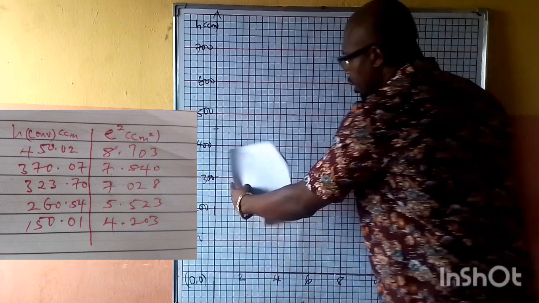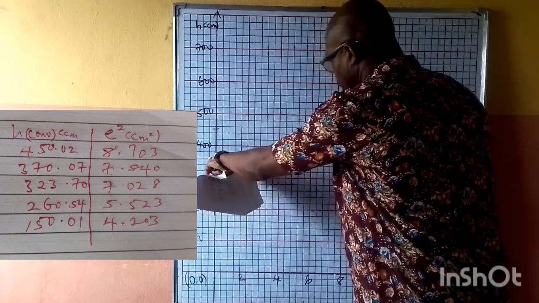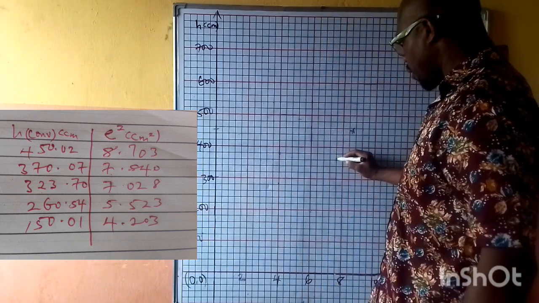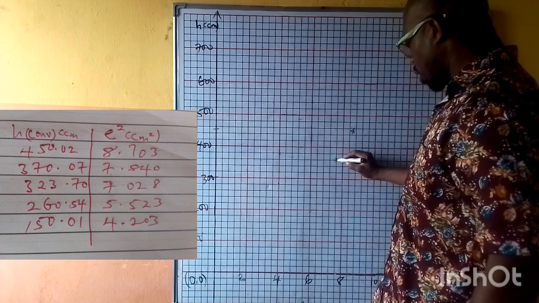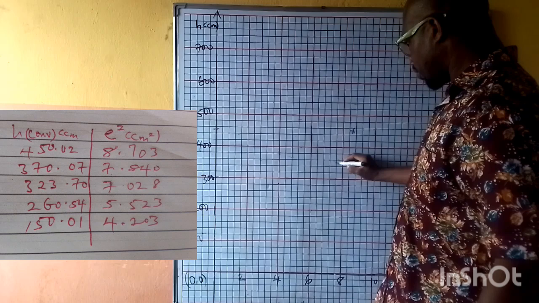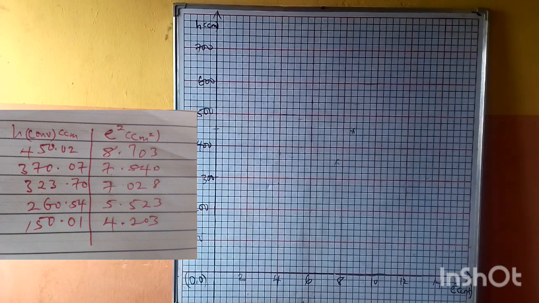This is a 370. 370 is in between here. So we can plot somewhere here. So even if we plot it here, okay. We'll have it here. Okay. Now we have the next one.